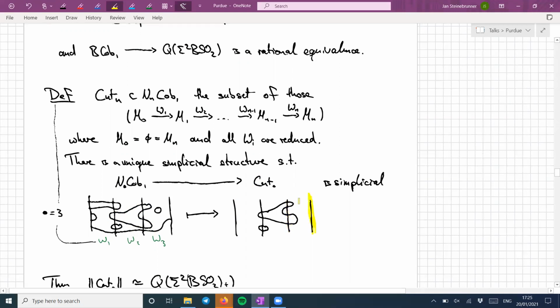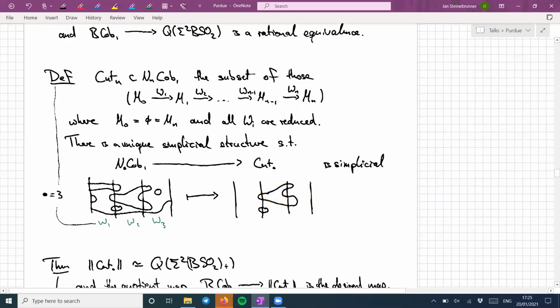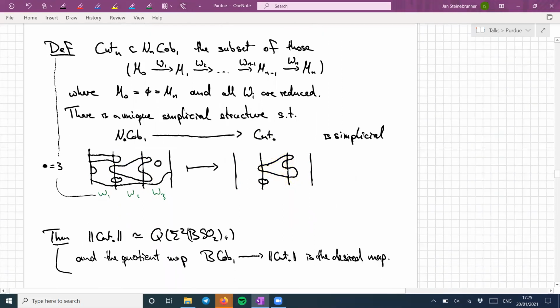But then, if you just imagine this thing gone, and this part of the bordism gone, then these things now touch the final M. They touch the boundary, and the boundary is supposed to be empty. So I have to delete these. Hope this makes at least some kind of sense. But yeah, you can define the simplicial set and just define the face maps appropriately. And then, of course, by construction, there is a map from the nerve of the bordism category to the simplicial set of cuts. It's just defined as a quotient.